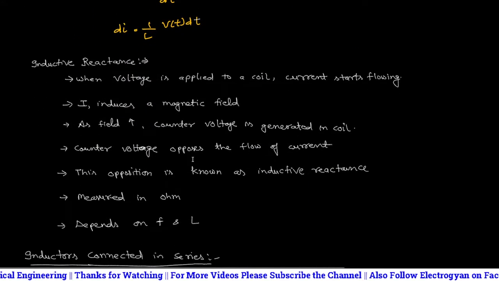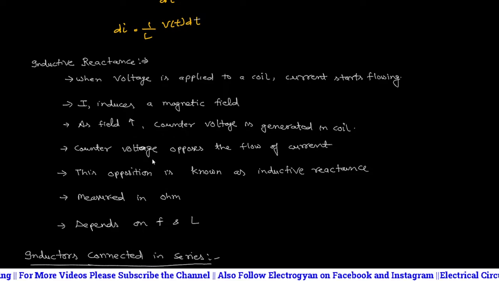Then inductive reactance. When any voltage is applied to a coil, current starts flowing. This current induces a magnetic field. As this field increases, a counter voltage is generated in the coil which opposes the rate of change of current.